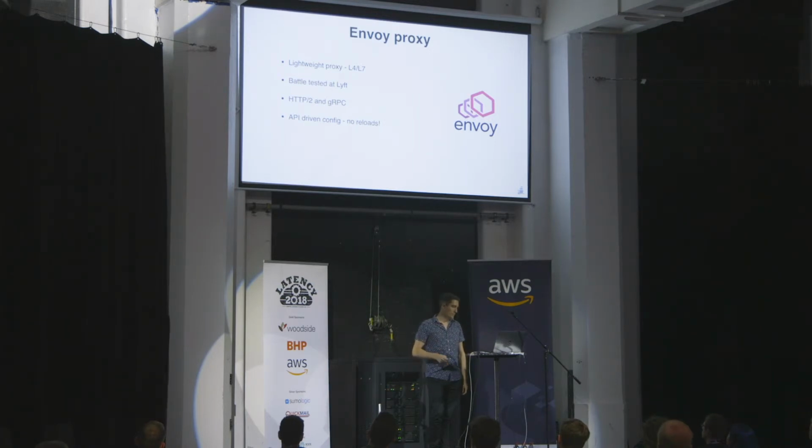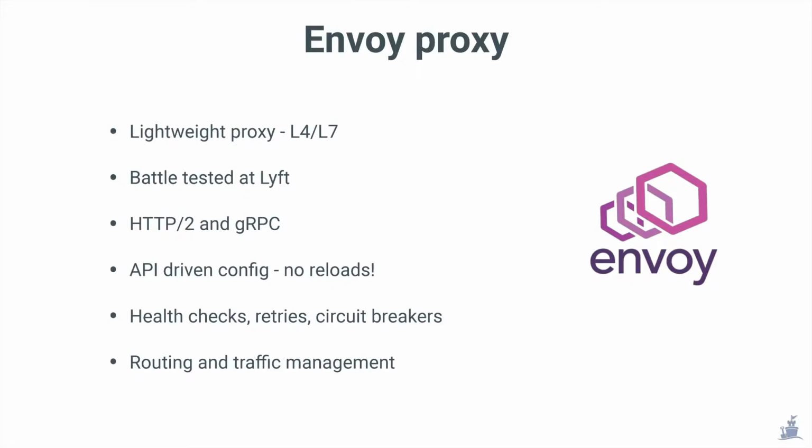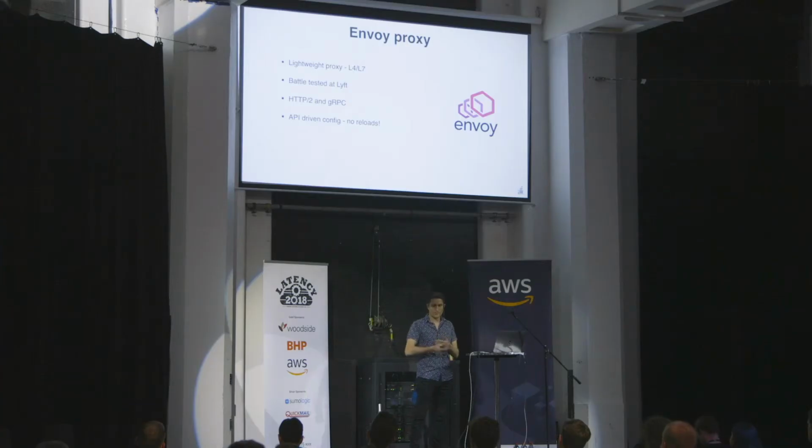This one's a really important one. It's an API-driven config. If you've used Nginx or something like that, you have to reload the configuration when you refresh anything going into the proxy. Envoy is a little bit different in that it's an API. You push your configuration change to the proxy, it saves it, and the next request that hits will get that.